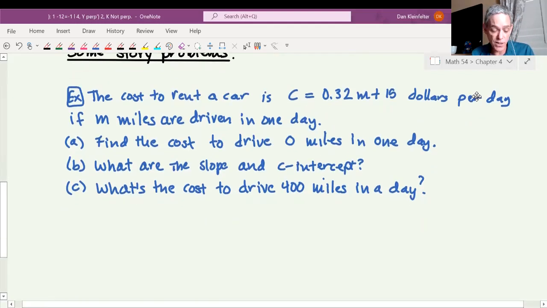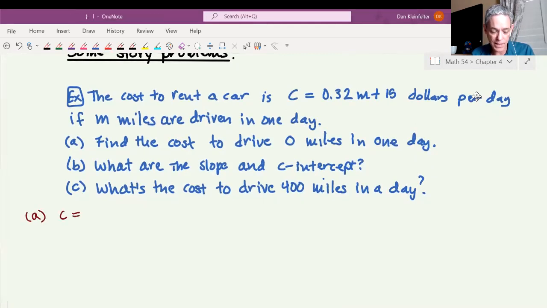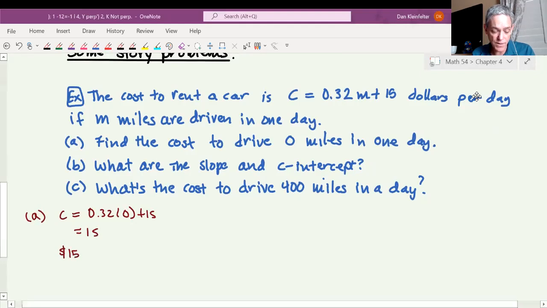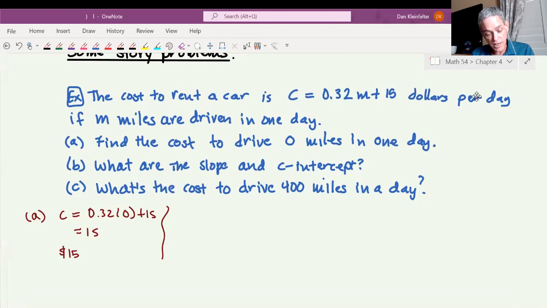Find the cost to drive 0 miles in 1 day. Okay, that would be 0.32 times 0 plus 15. That's 15. It will cost $15. That's the vertical intercept. B, what are the slope and y-intercept?